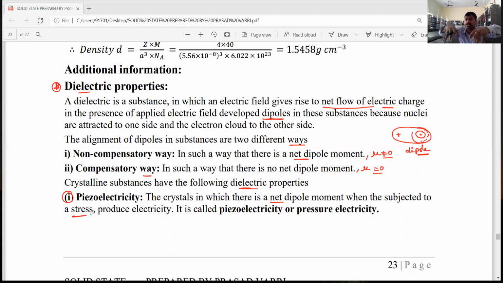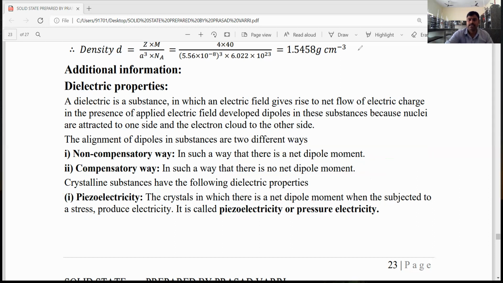Substances having net dipole moment are called piezoelectric substances or pressure electric substances. Piezoelectricity means when a substance having net dipole moment is placed in a high electric field and more pressure is applied, it is called piezoelectricity or pressure electricity.